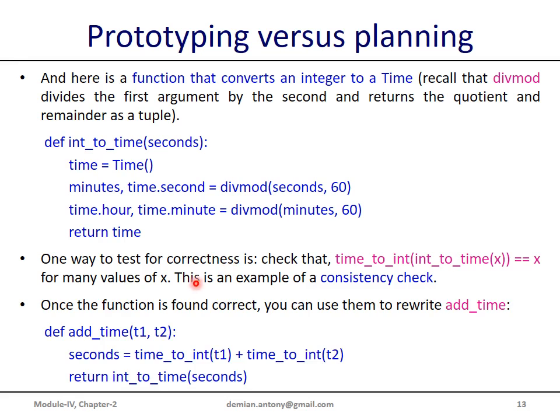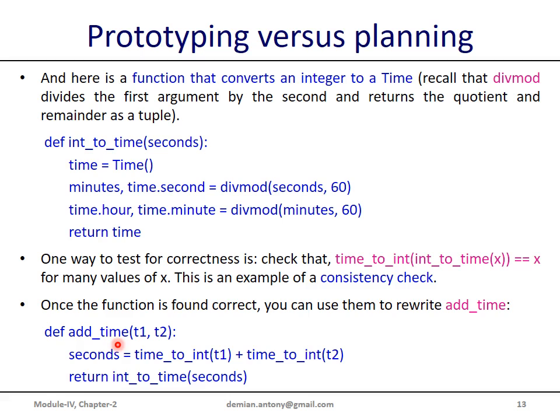Once this function is found correct, you can use this function to rewrite add time with fewer lines of code. Now we have a new function add time with the design development approach where we analyze the problem of adding.